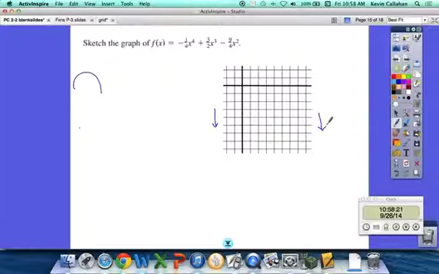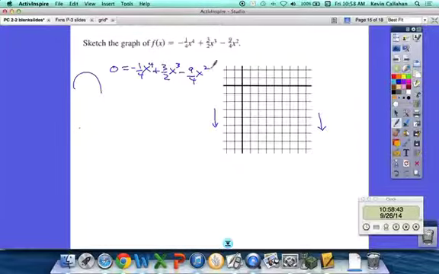Solve for the zeros. 0 equals -1/4 x to the 4th plus 3/2 x to the 3rd minus 9/4 x squared. Now, first of all, I'm going to multiply through and get rid of these denominators because I don't really want to deal with the fractions.